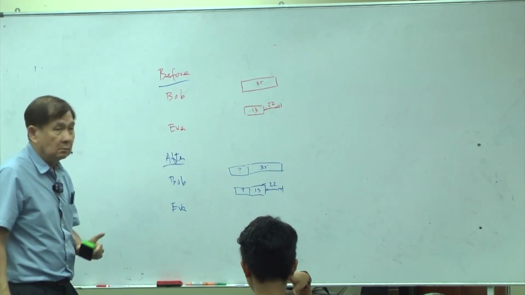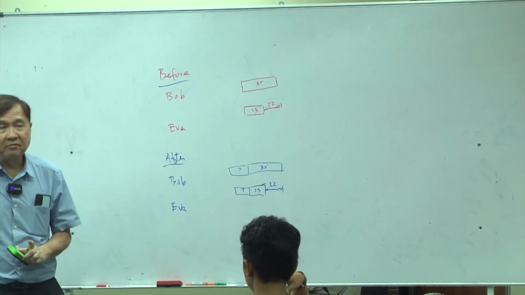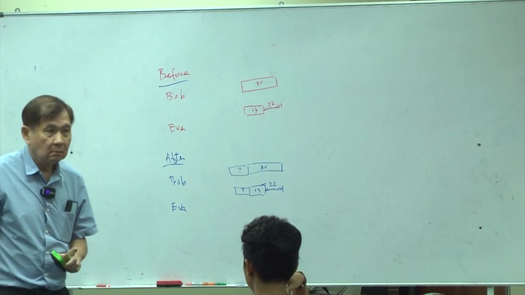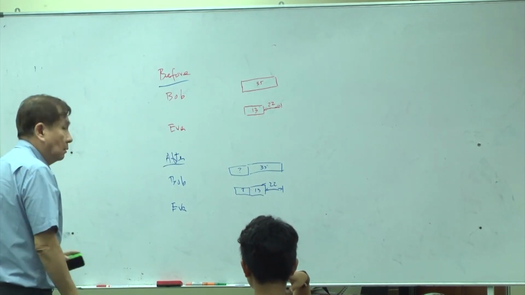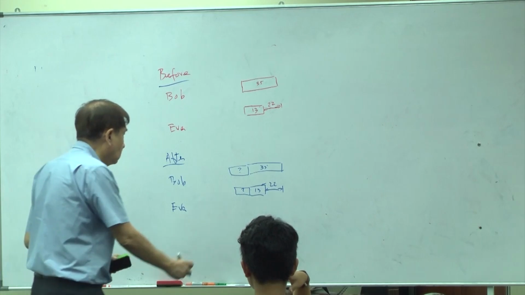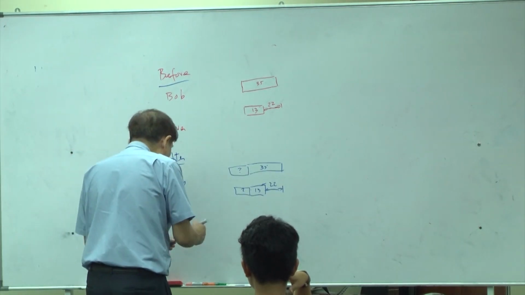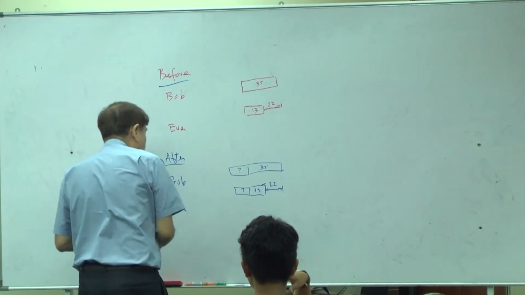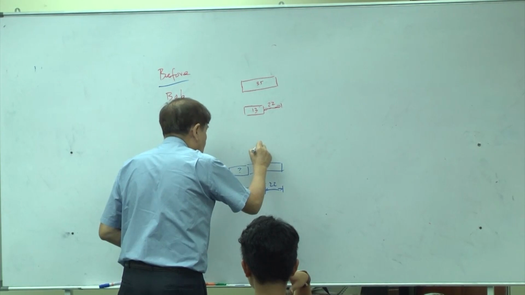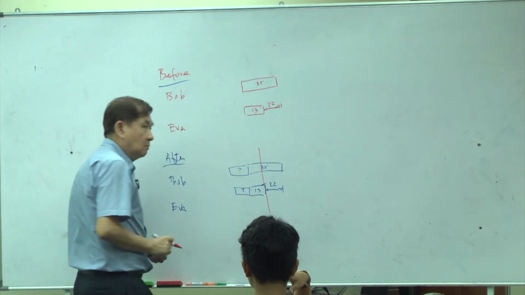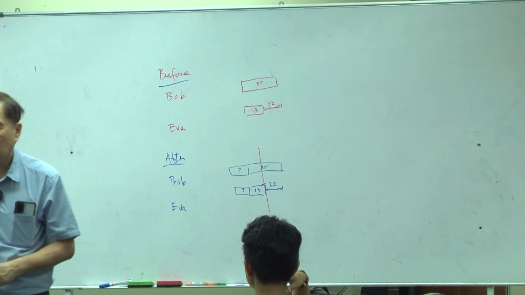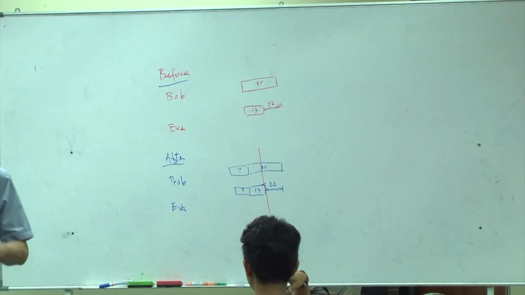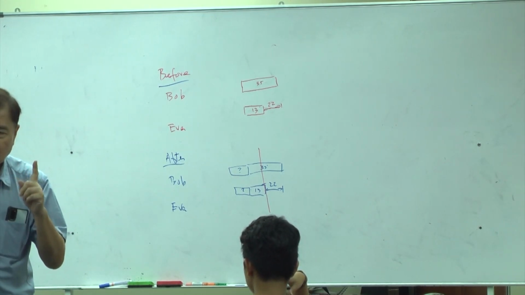But I know one thing. What's the difference? They're twice as old, am I right? Where do you draw the twice as old? I must cut here. How do I know I will cut here? That's one important piece of information.